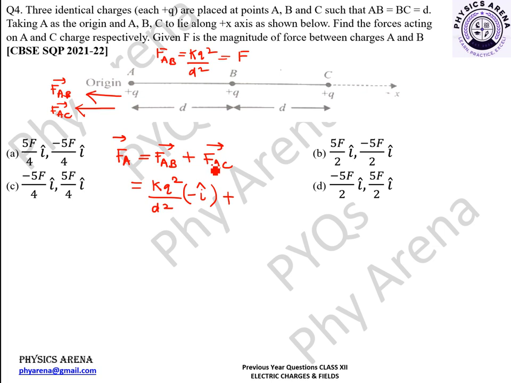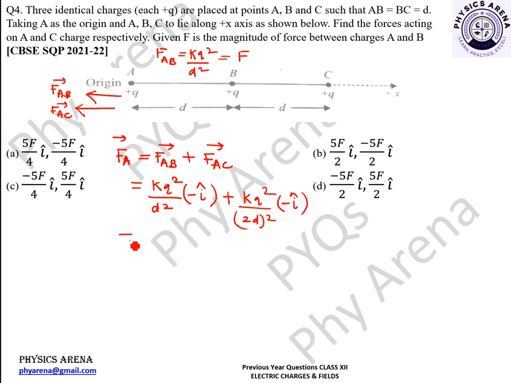So FAC is equal to K Q1 Q2, again Q square, divided by 2D whole square. And this 2D whole square is because the distance between A and C is 2D. And also the force FAC is towards the negative x-axis. So I'll write minus I cap.